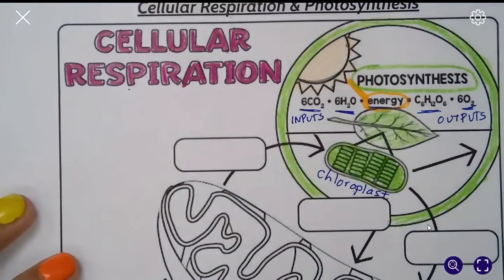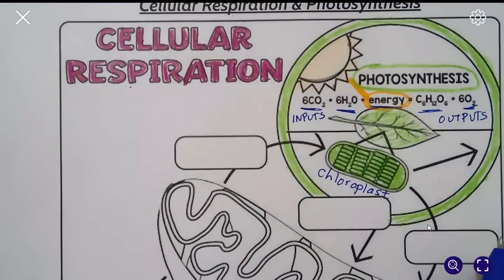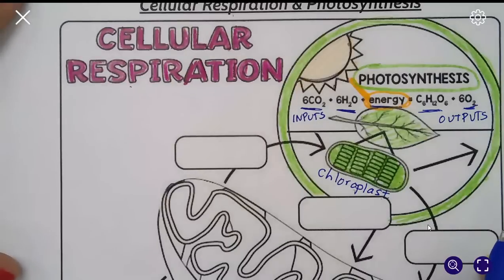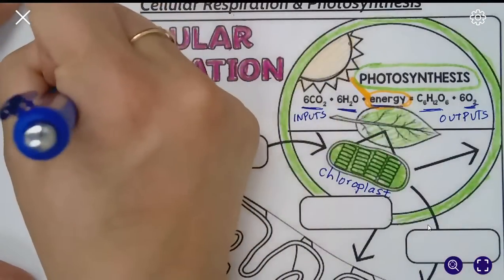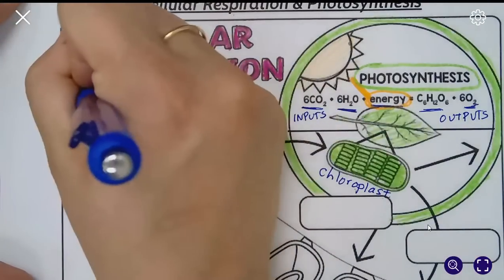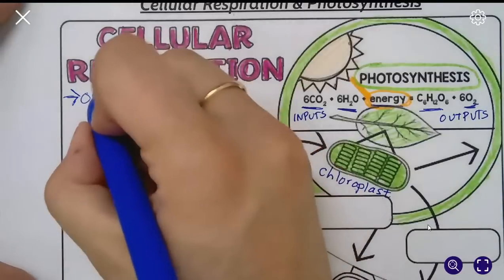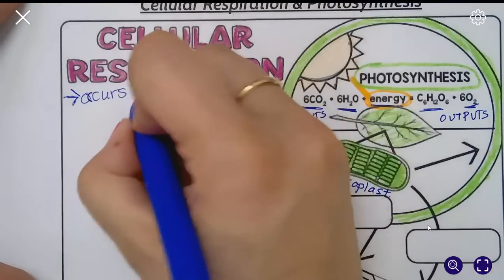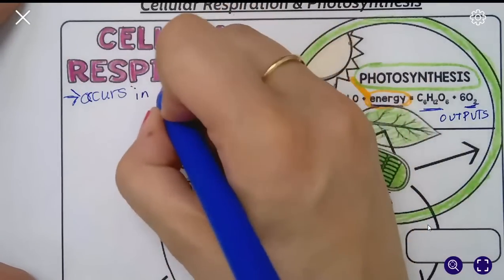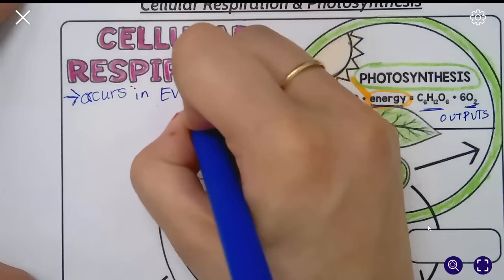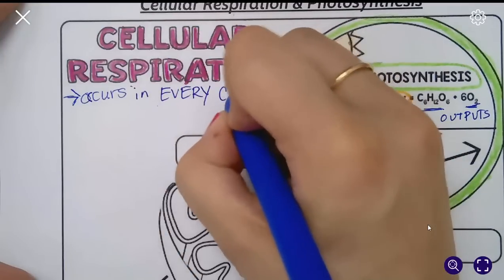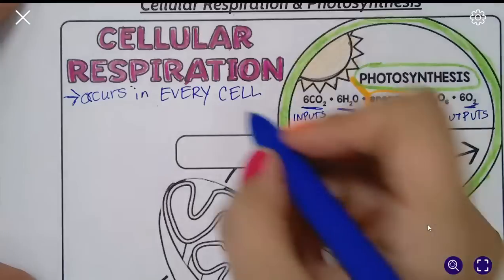All right, so let's take some notes on that. If you need to pause the video to do your coloring, just pause. It's all good. All right, so like I said, cellular respiration occurs, two C's, occurs in every cell, all of them.